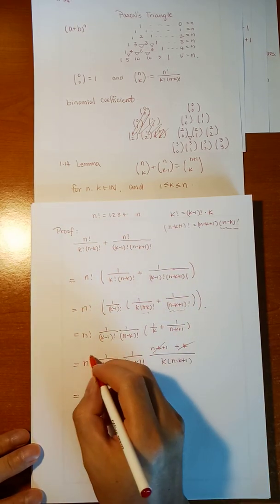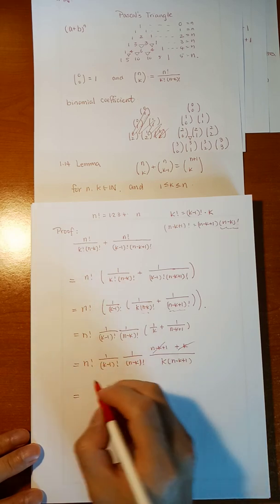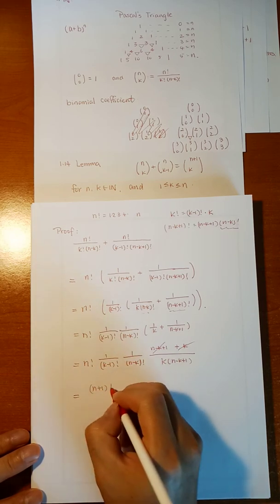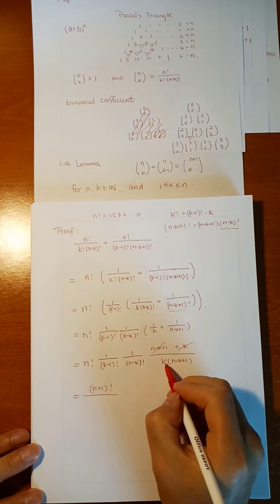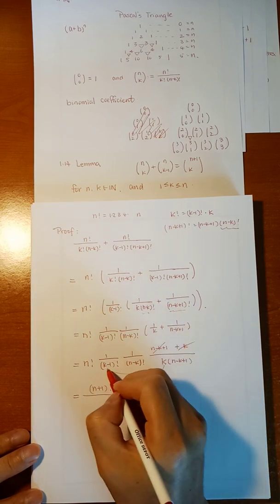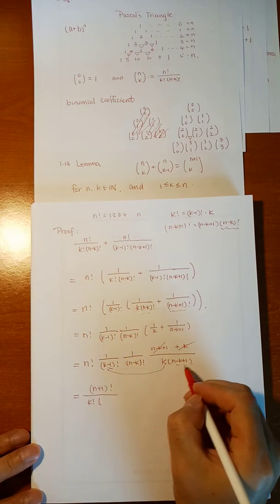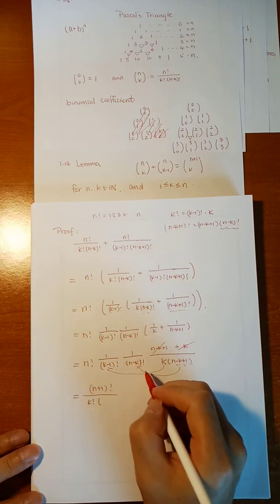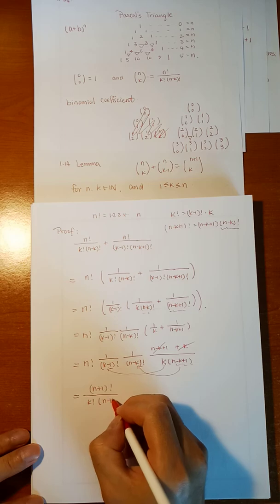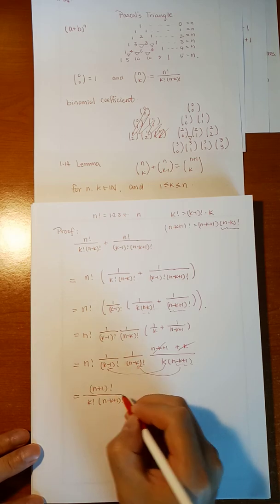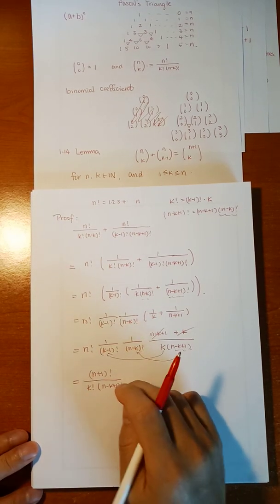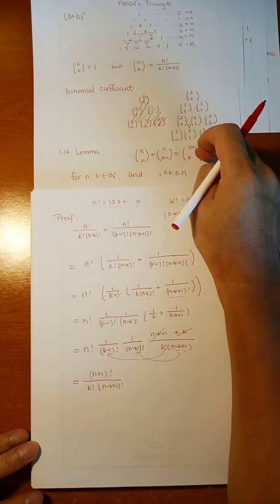N plus 1 combined with n factorial is n plus 1 factorial. And k joined to k minus 1 factorial is k factorial. And this term joined to n minus k factorial is n minus k plus 1 factorial. And this is exactly n plus 1 choose k.